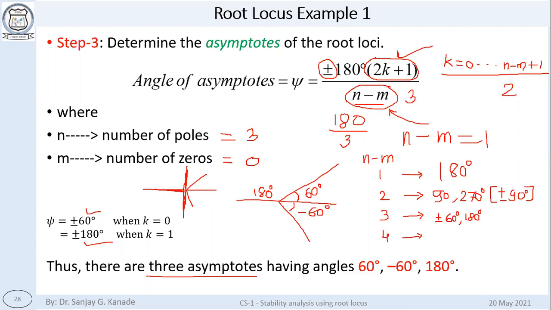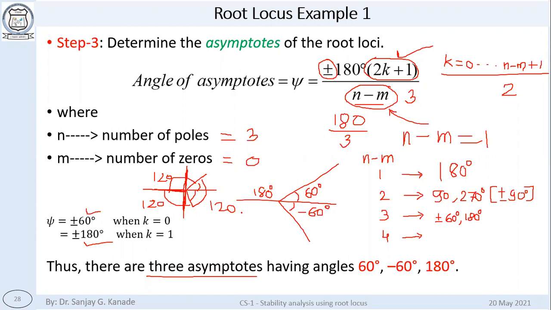The plane itself is getting divided into 3 parts. You can see this is 60 and this is 60, means this whole thing is 120, right? This is obviously 120 and this is obviously again 120, right? So 3 equal parts we are getting.